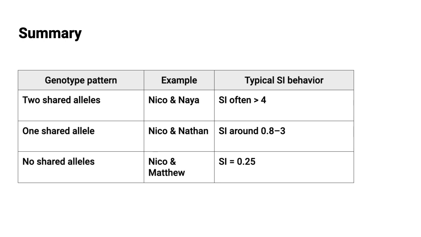So this is just typical. As compared with 2 shared alleles, the 1 shared allele would tend to give a lower probability. And lastly, the no shared alleles, like in the case of Nico and Matthew, where the SI is 0.25. So it's 4 times more unlikely that Nico and Matthew are related as siblings.